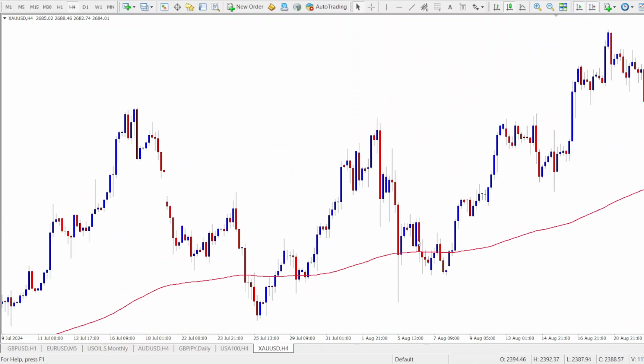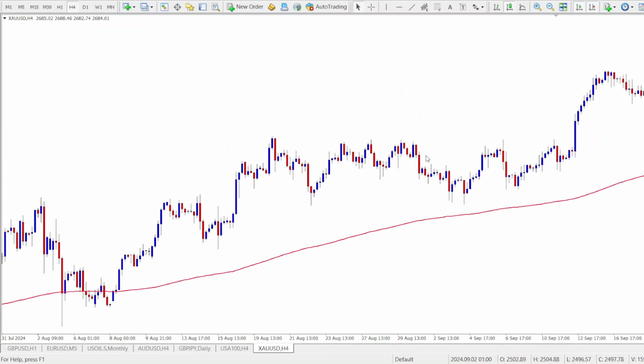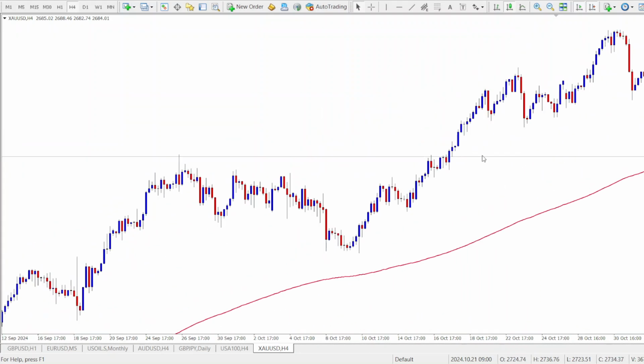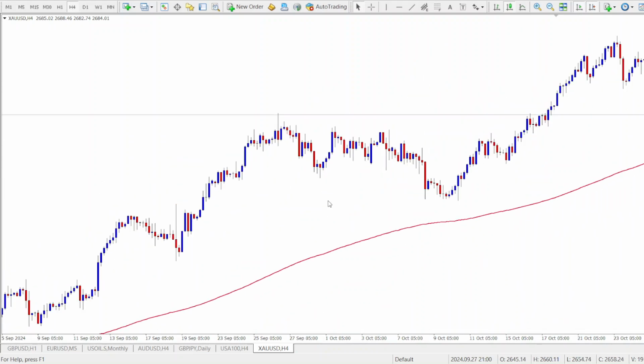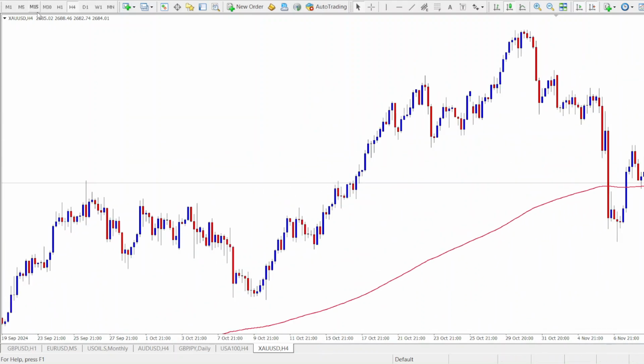Okay, so when the price is above the 200 EMA, as we can see in this situation, that means we are looking at an uptrend. XAU USD is currently in an uptrend.